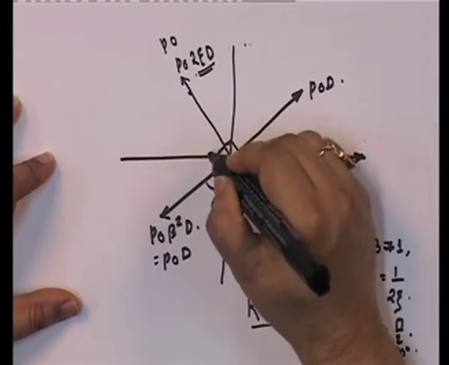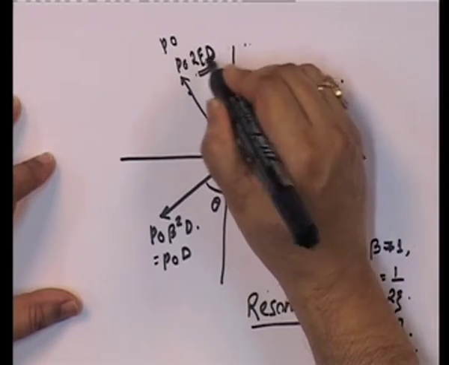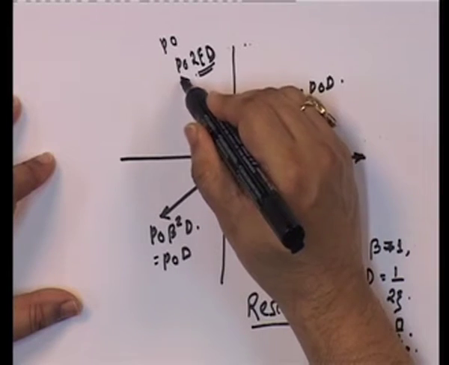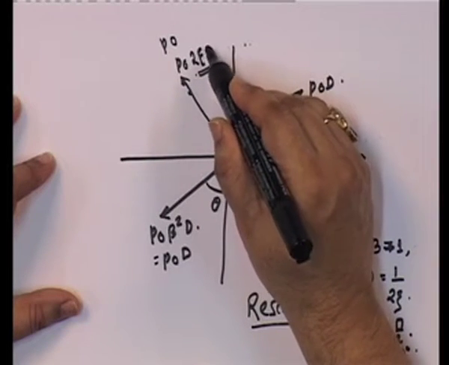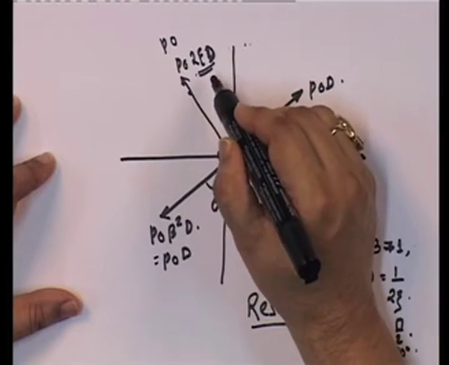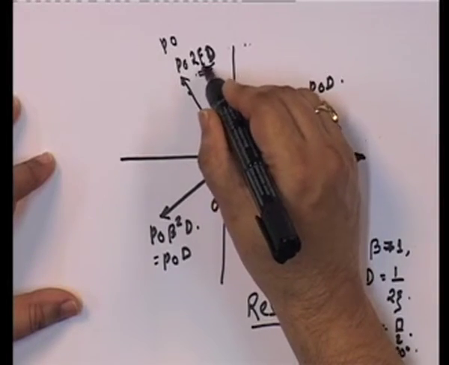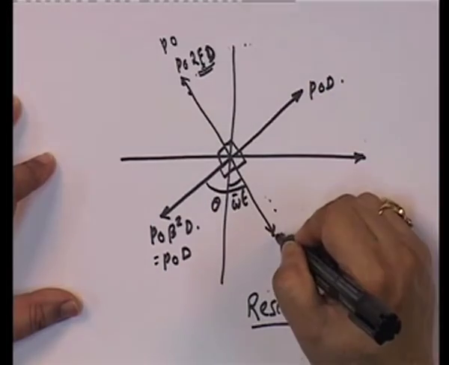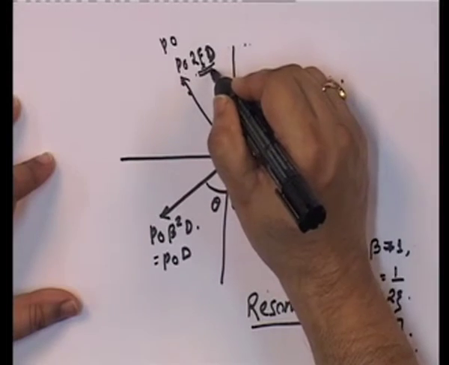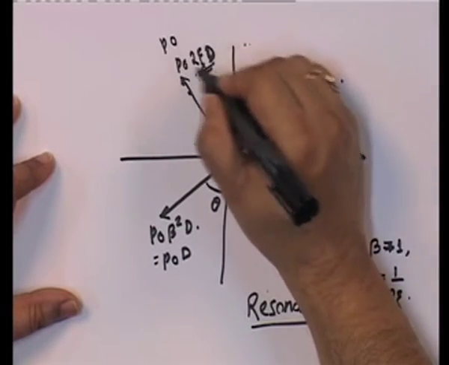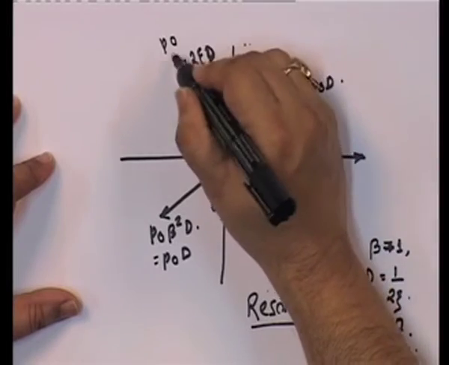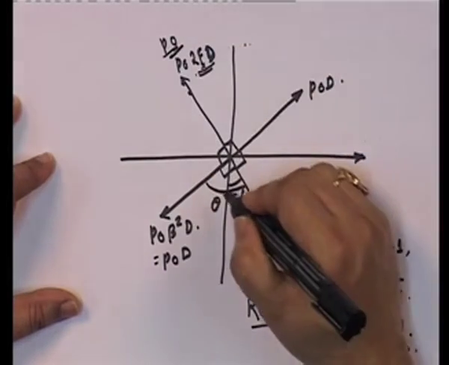Because it is resisted only by the damping force, the dynamic amplification factor becomes 1 upon 2 xi, very large. If damping is low and it has to resist this, dynamic amplification has to become 1 upon 2 xi, so that this becomes P naught, and it can resist this.